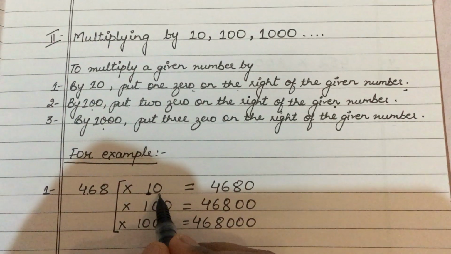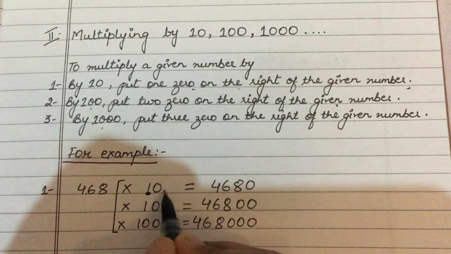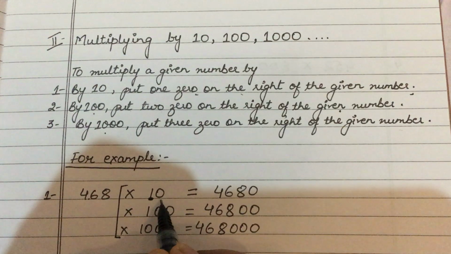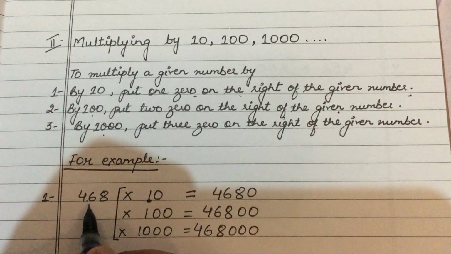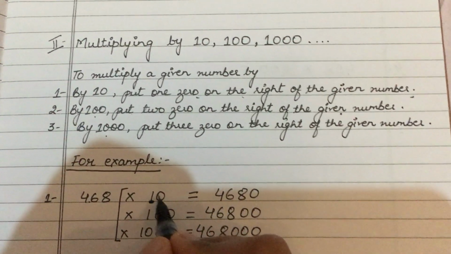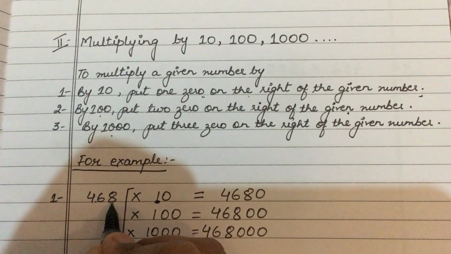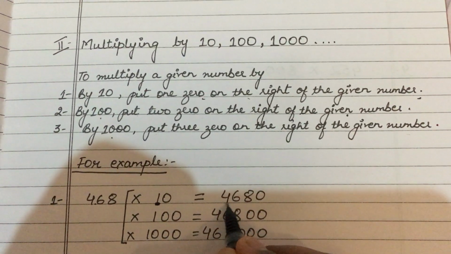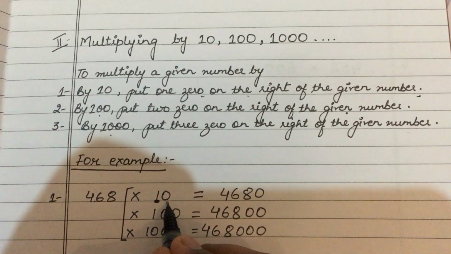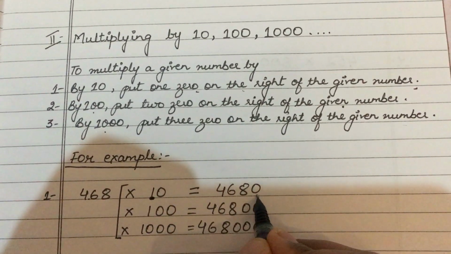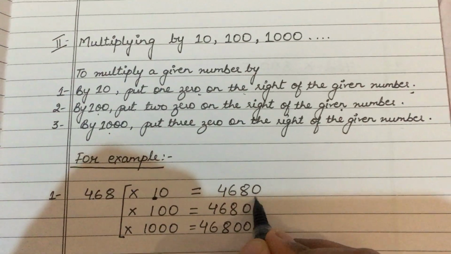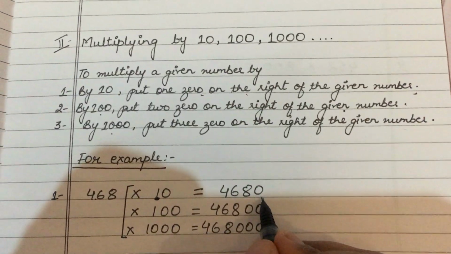Then we see how many zeros this 10 has. This 10 has just 1 zero. So we write the same number and put 1 zero here. Means 468 multiplied by 1 is 468 and this 10 has 1 zero, so we will just add 1 zero at the end.